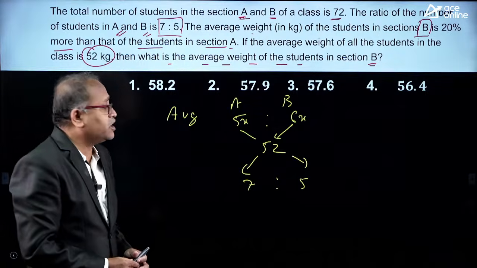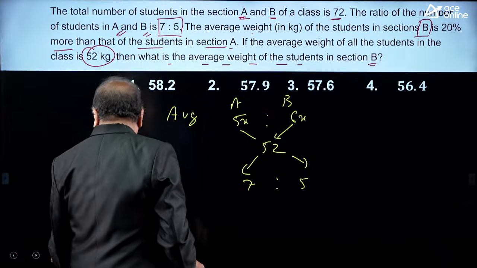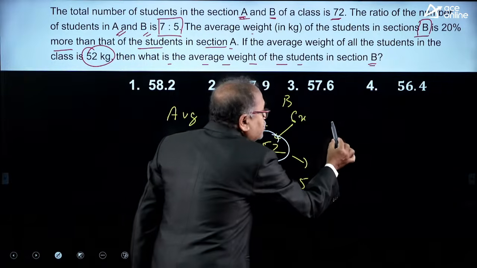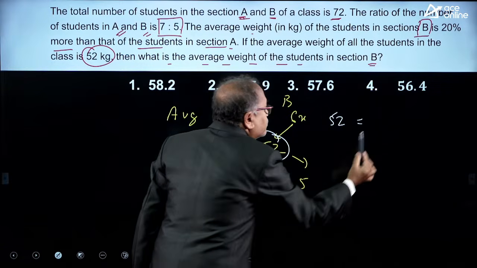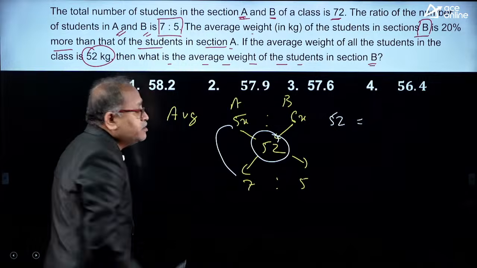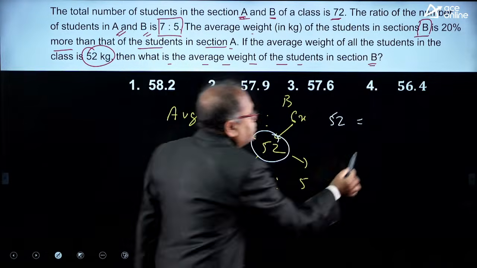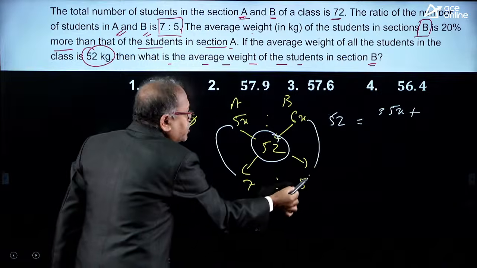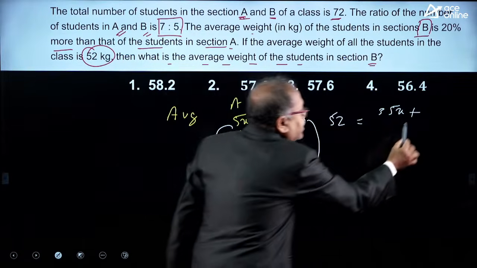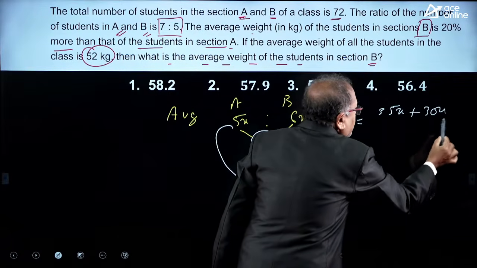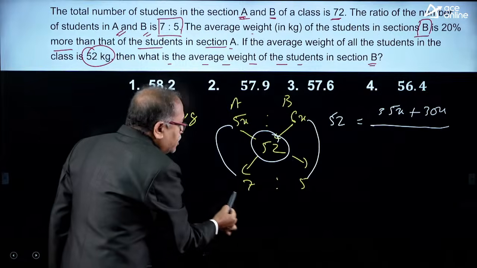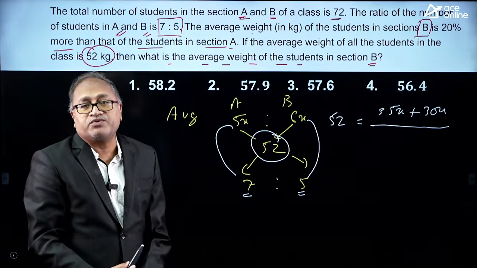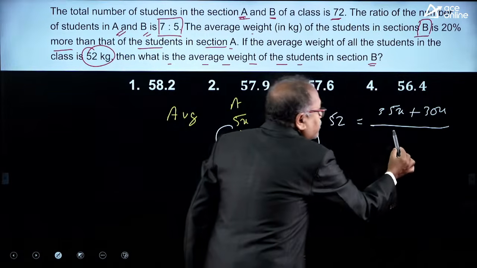Now the figure is very clear. So what is this 52? 52 is equal to the product of 7 and 5, that is 35x, plus the product of 7 and 6, that is 30x, divided by the total terms of the ratio, that's 7 plus 5, 12, divided by 12.